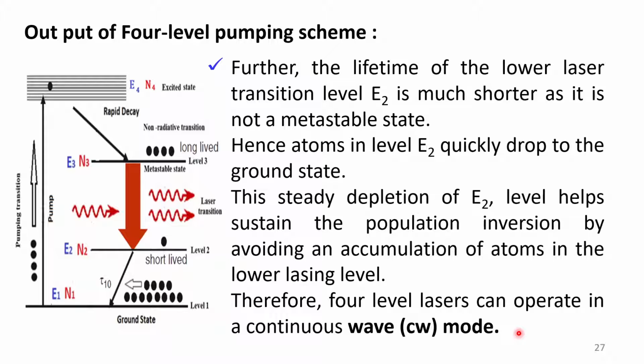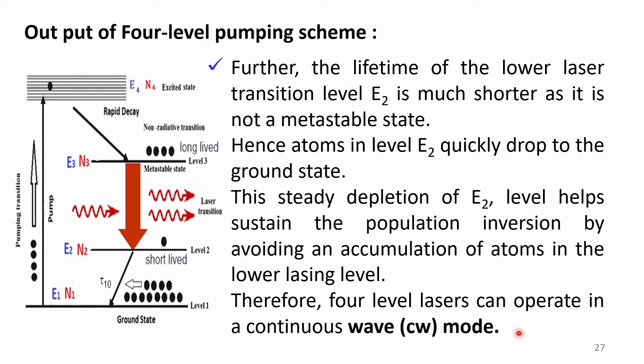Now we have seen that the three level pumping scheme produces output in a pulsating mode, but here we observe that the output of the four level pumping scheme is in a continuous wave mode, because in the lasing level it continuously maintains a population inversion.